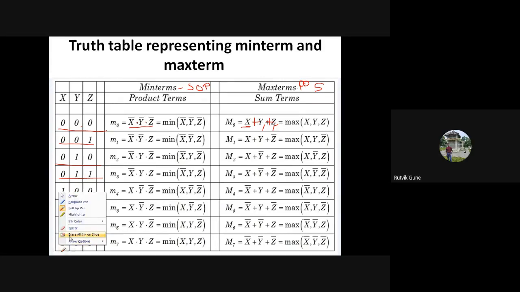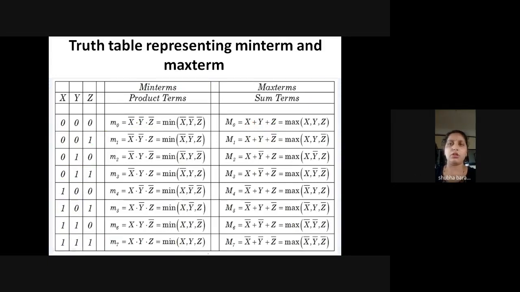Yes, ma'am. Okay, see how they have expressed 0, 0, 1. In min terms it is expressed as x bar, y bar, z, whereas in max terms it is represented as x, y and z bar.